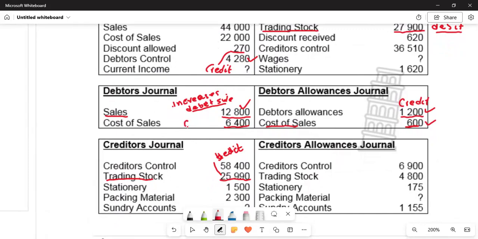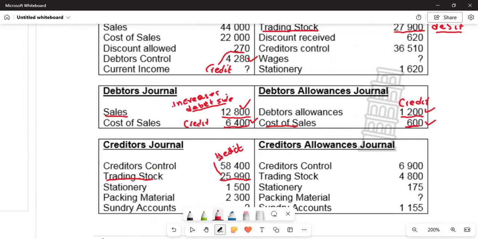It goes on the credit side of our trading stock. Stock sold on credit leaves the business. So that is going to decrease the stock. It means that stock is going to leave the business, so it decreases on the credit side. That is why 6,400 is to go to the credit side.